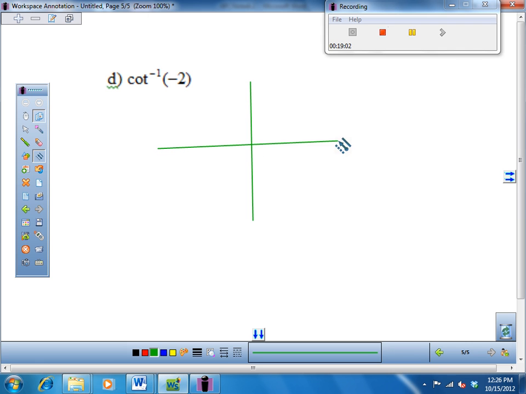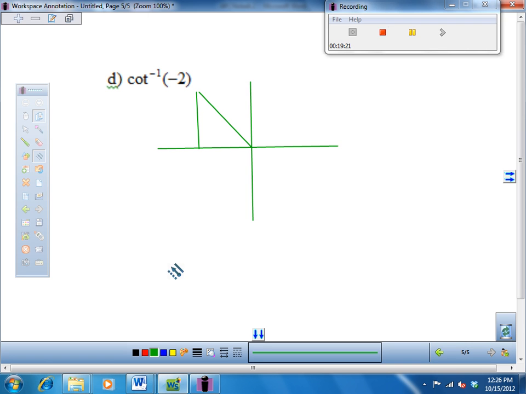So this means what angle has a cotangent of negative 2? Where is inverse cotangent found? It's found in quadrant 2, right? So you want to draw your picture there.